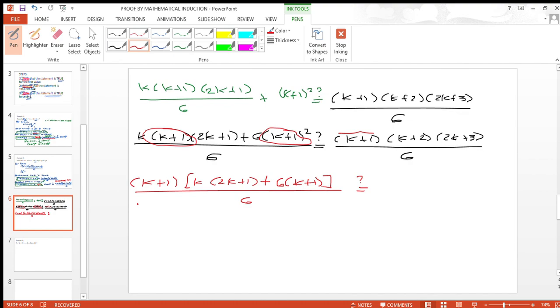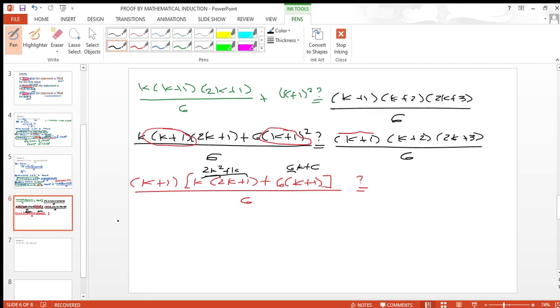Next, what can we do next? Why don't we expand this? If we expand this, this is 2k squared plus k plus this is 6k plus 6.